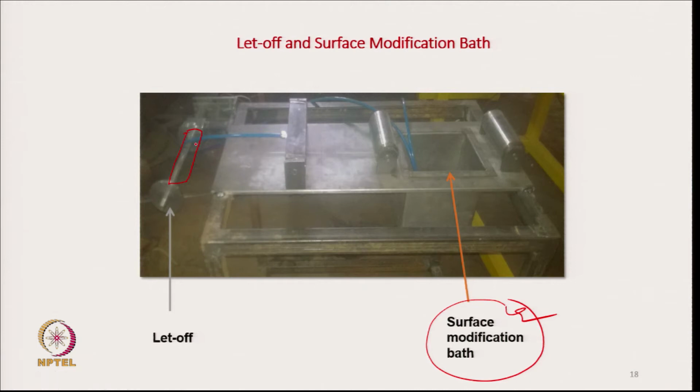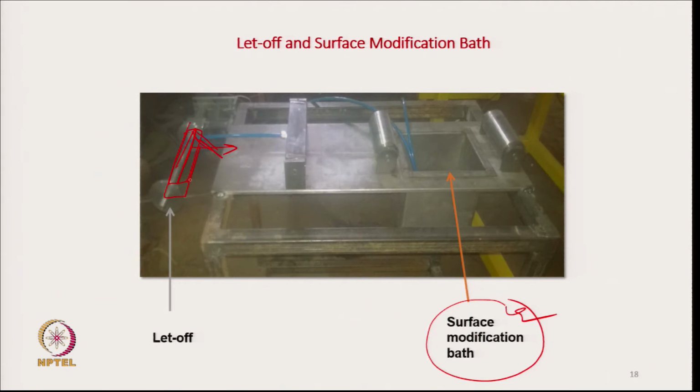Now, initially the placement of the let-off system was at the top close to the centering device, but finally what we found was a lot of tension variation due to the traversing of the filament.